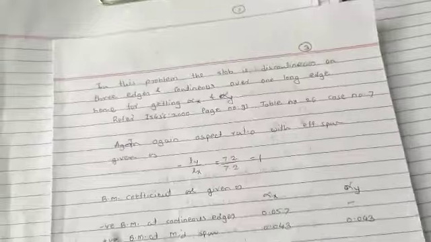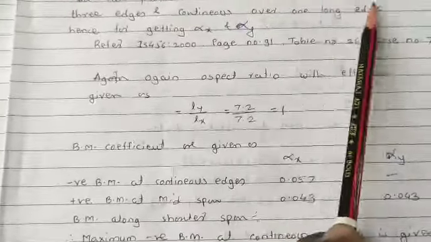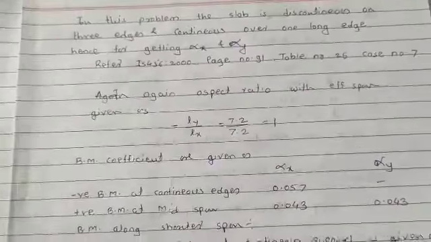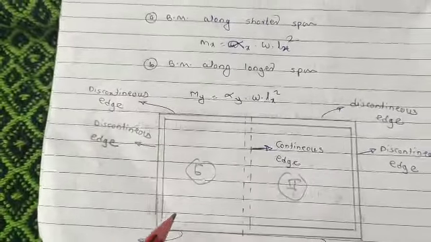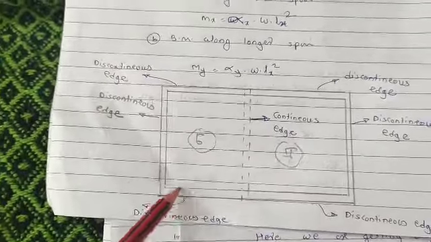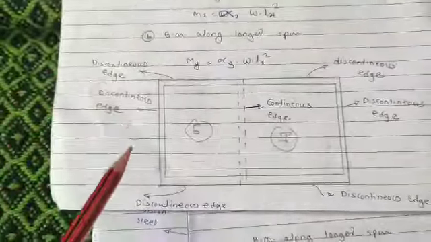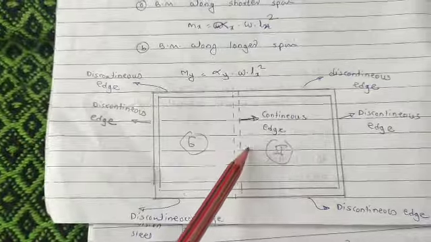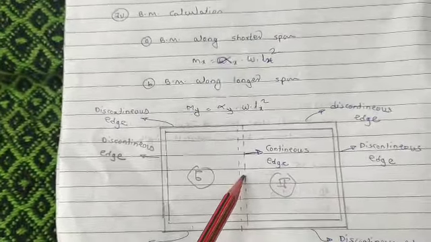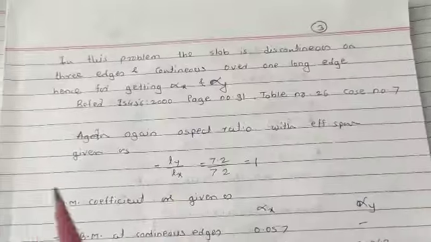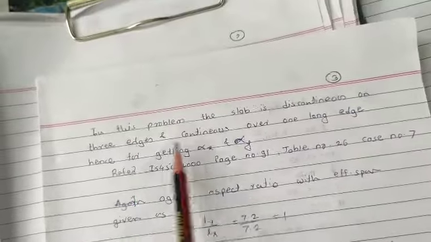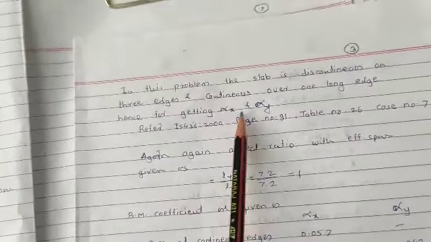So in this problem, the given slab is discontinuous over the 3 edges. This is edge number 1, edge number 2, edge number 3. So the given slab is discontinuous over the 3 edges and continuous over one of the edges. So we have to go for this case and calculate the values of alpha x and alpha y.